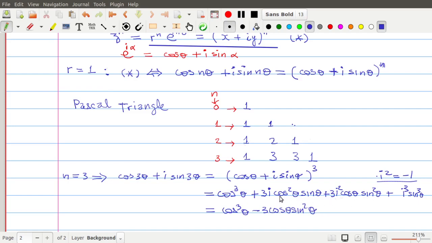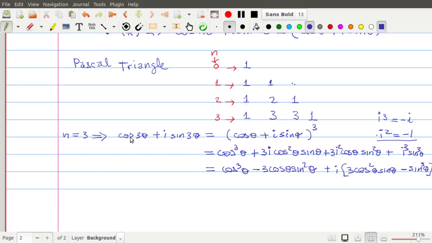Now, the ones with i, you can see plus i, group the terms with i, we have 3 cosine squared theta sine theta. And this one, from here, if you multiply both sides, we have i cube will be negative i. So negative i, if you factor by i, this will be negative sine cube theta.